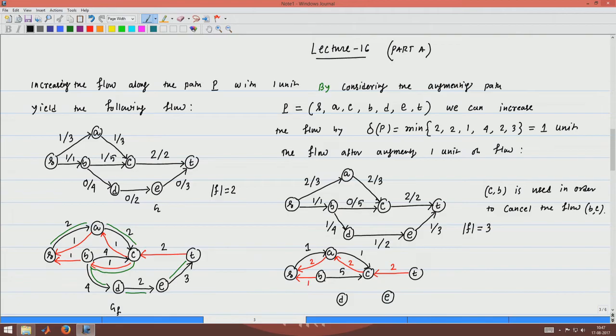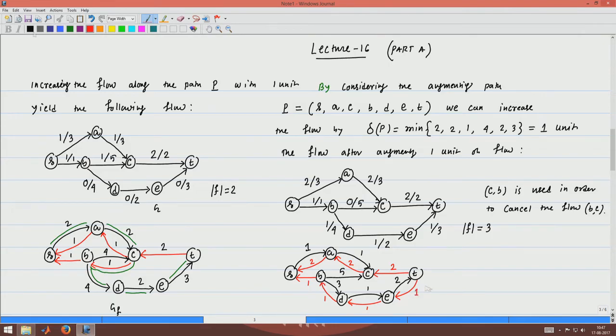BD there is a forward edge of capacity 3 and a backward edge of capacity 1. BE there is a forward edge of capacity 1 and a backward edge of capacity 1. ET there is a forward edge of capacity 2 and a backward edge of capacity 1.